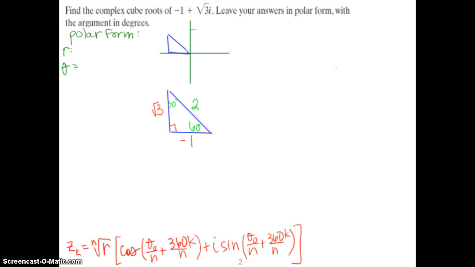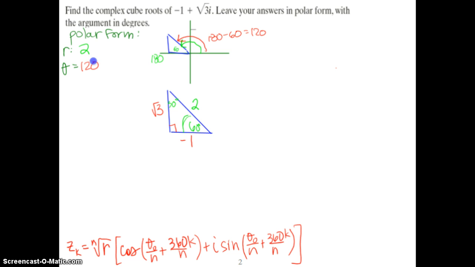We're looking for r here, and we know r is the hypotenuse of our triangle, which is going to be 2. And then our theta is going to be this angle. Since we know from this triangle that this is 60 degrees right here, and we know that this is 180, then we know that this angle is going to be 180 minus 60, which is 120.